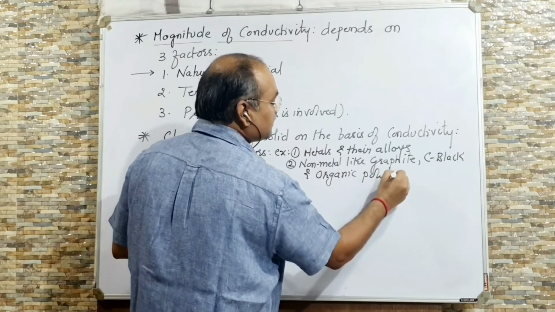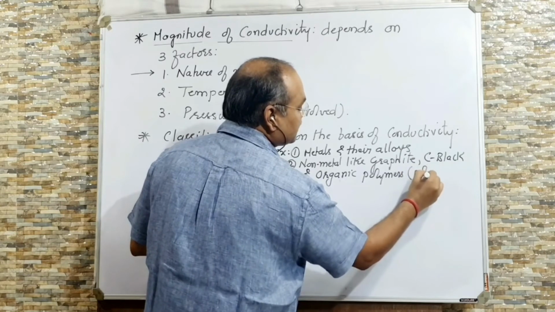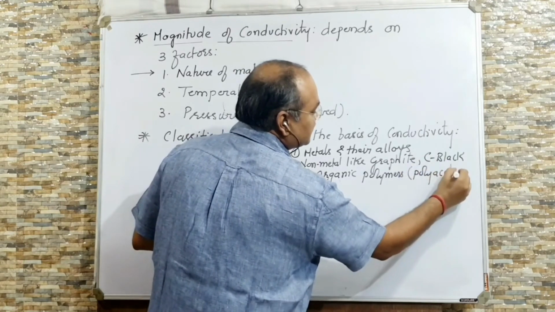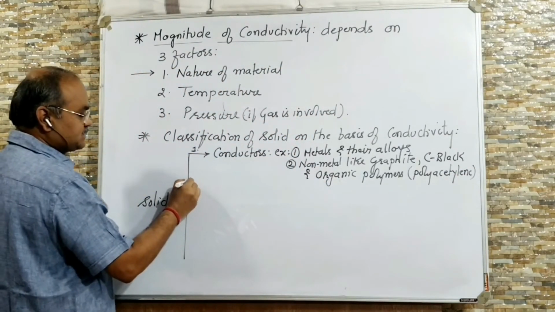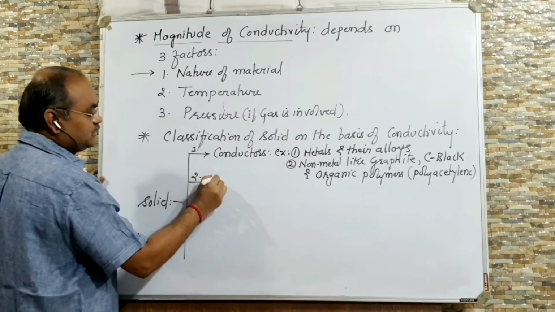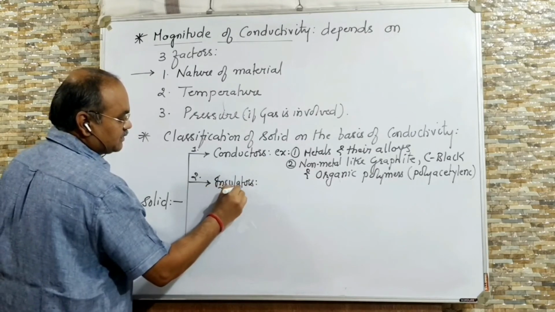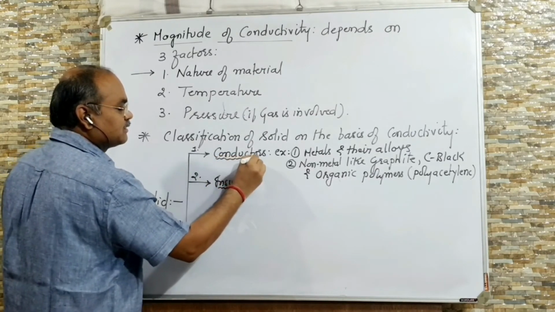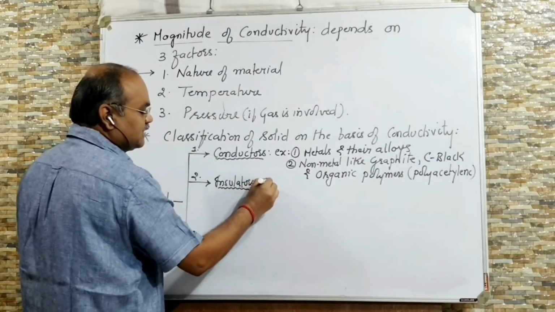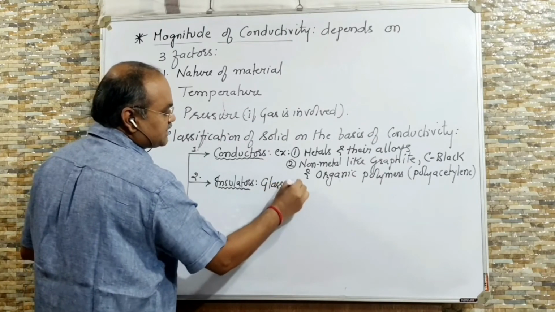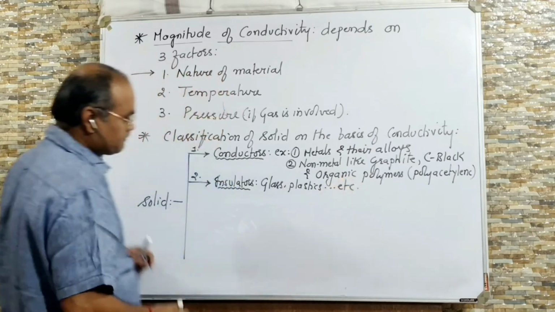One example I write for organic polymer, polyacetylene. So this is the first type. Second is insulator. Insulators have very low conductivity, you can say negligible conductivity. Glass, plastics, etc.